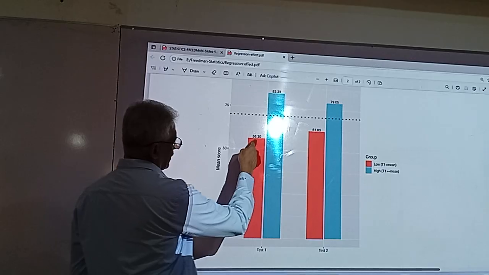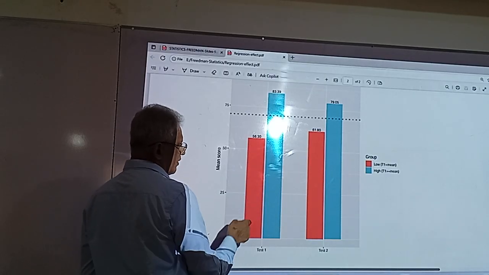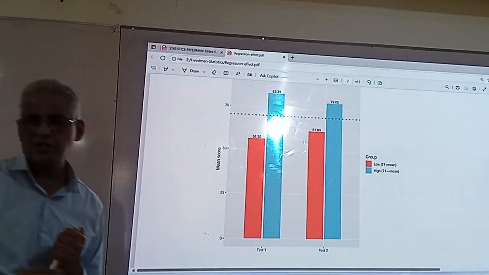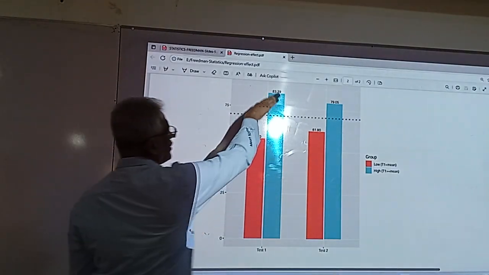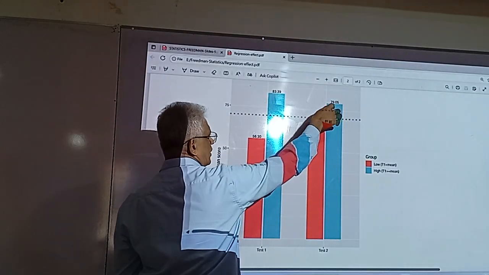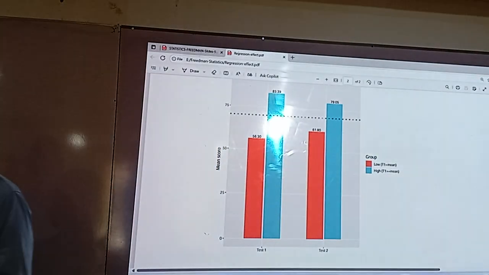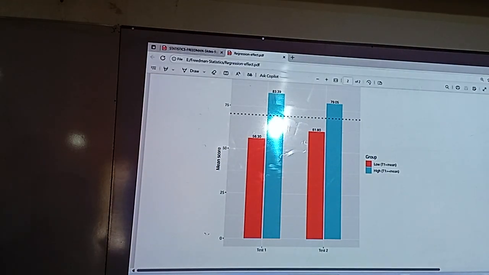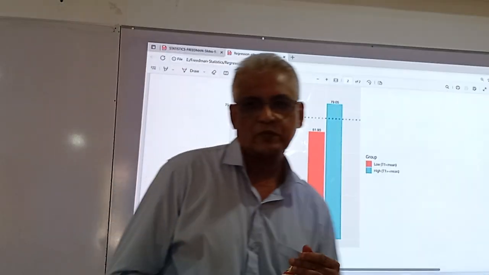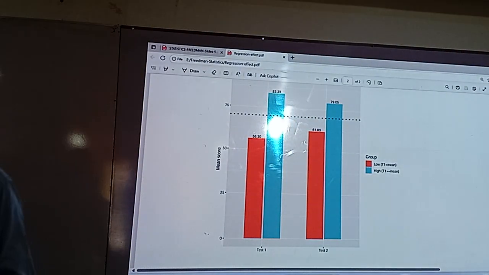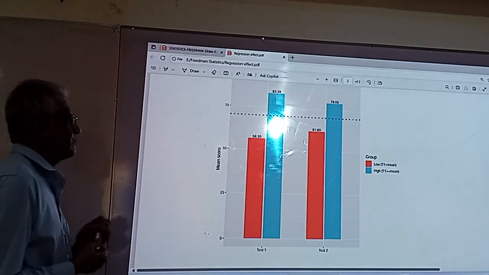You can see that the average of below average people has now increased, regressed towards the average, gone up. The average of these people has gone down in the second test, regressed towards the average. So this happens always. So that's what you call the regression effect.